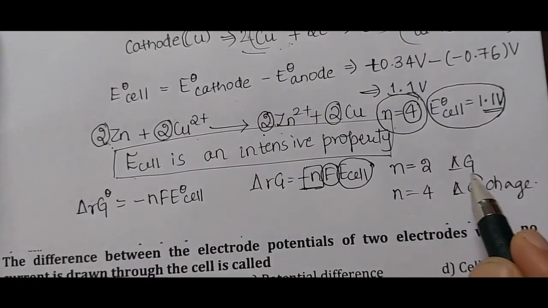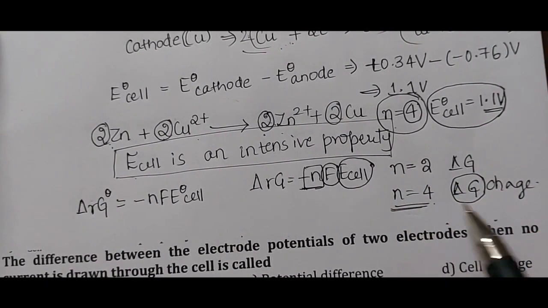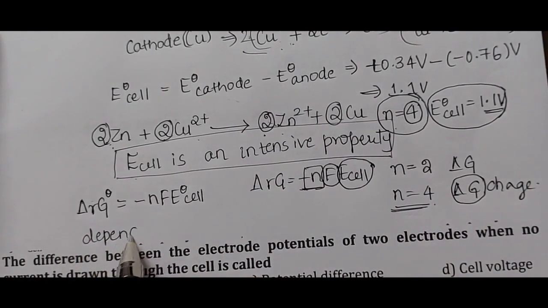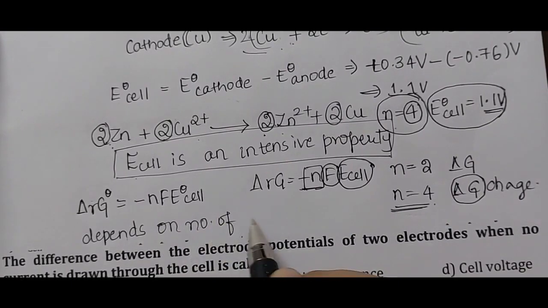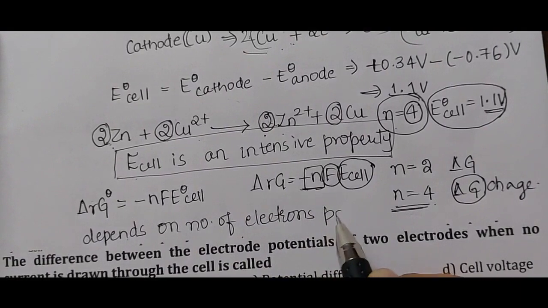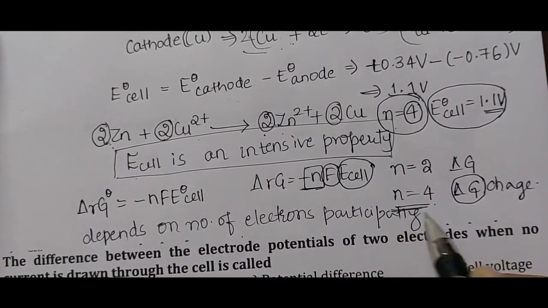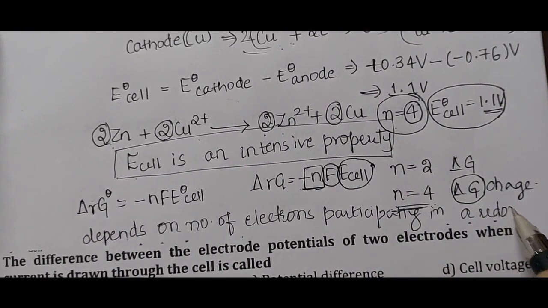Thus, the value of Gibbs free energy depends on the number of electrons participating in a reaction, or we can say more specifically in a redox reaction.